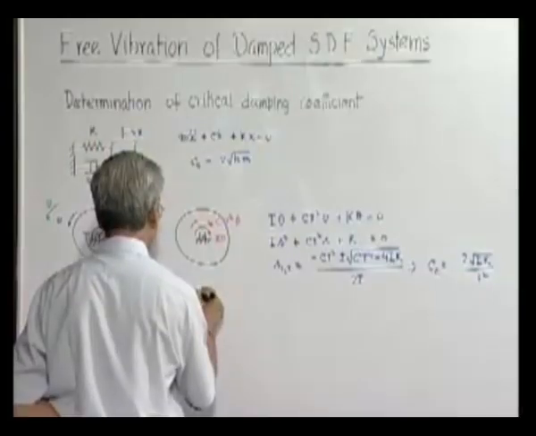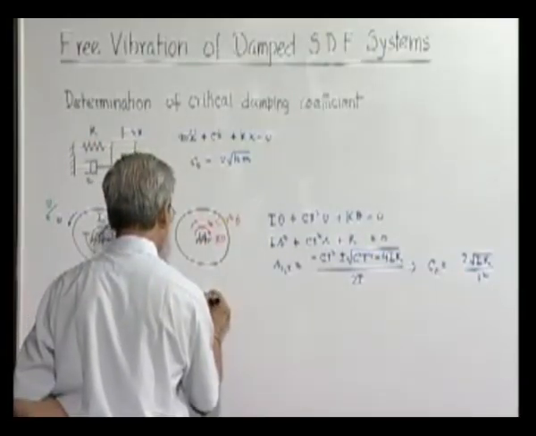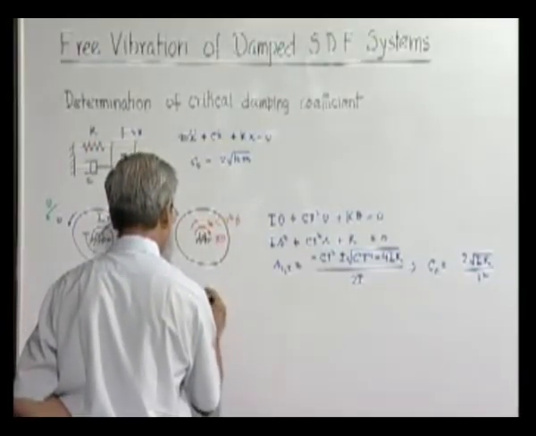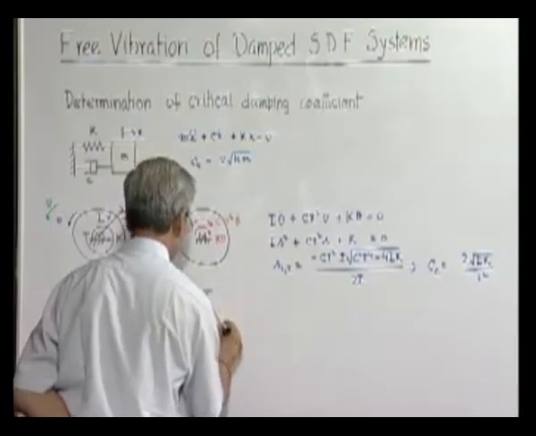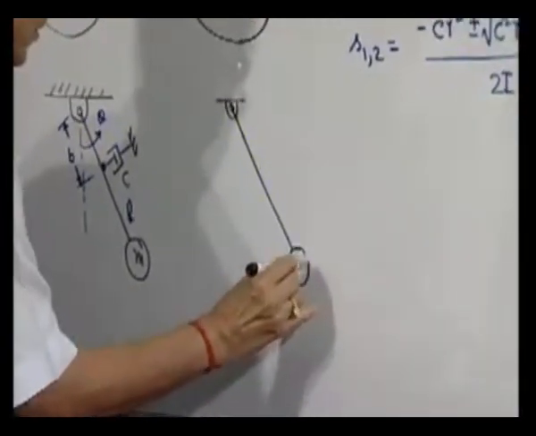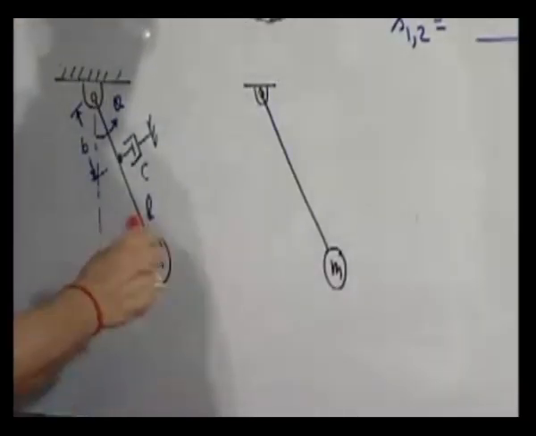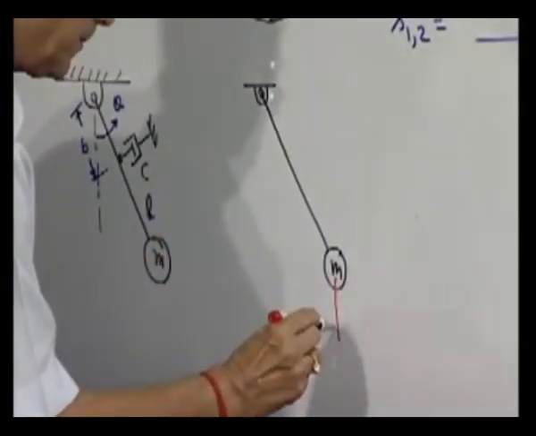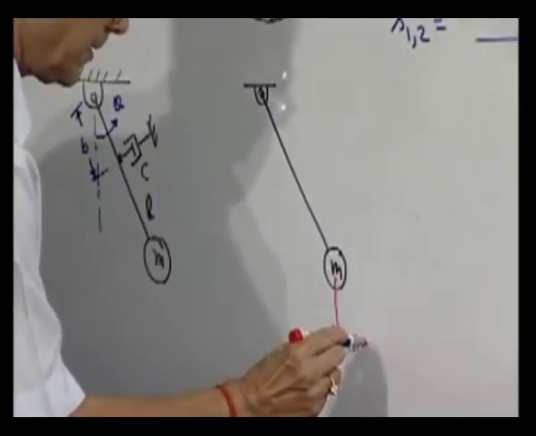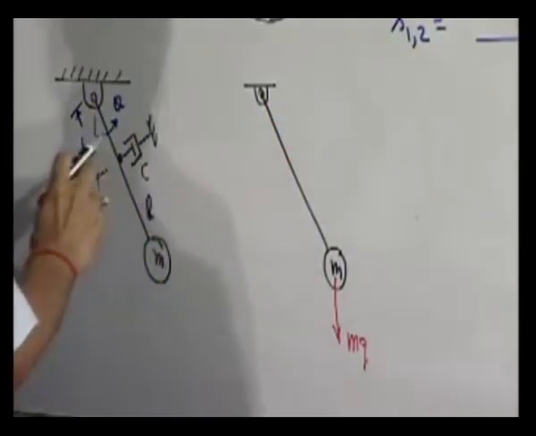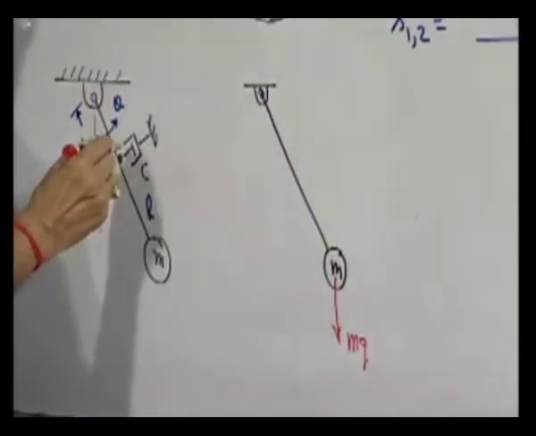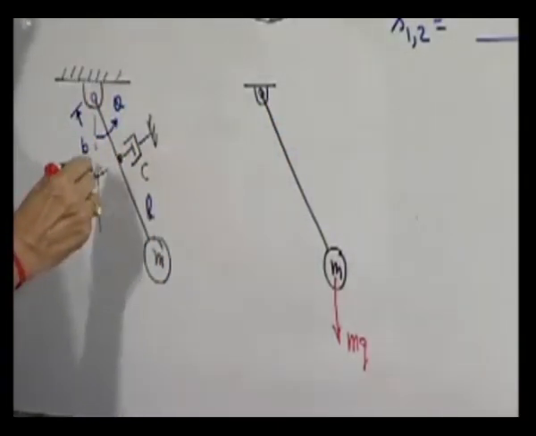Again, it is an angular motion. The forces are, one is weight, and when it is moving with theta dot, the velocity of the piston is b into theta dot.